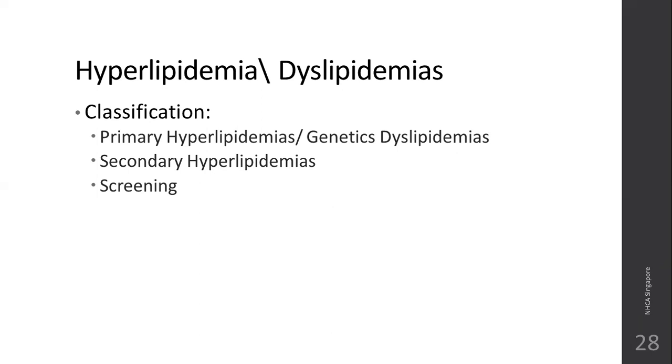Triglycerides should be less than 160. High density lipids should be more than 50. Low density lipids should be less than 110 mg per deciliter. So these are the acceptable ranges. Doing a blood test will give you your lipid profile.